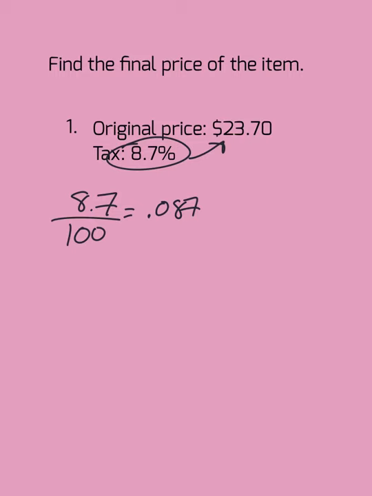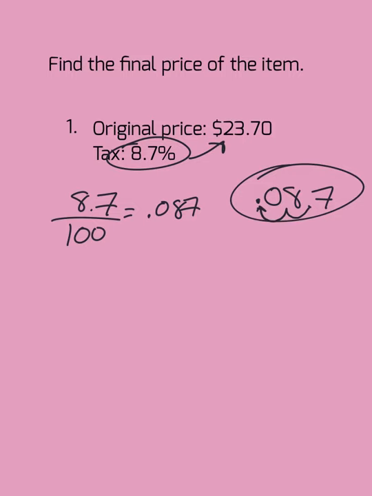That is the same thing as taking your percentage and moving the decimal twice. So you would move it twice to the left, 1, 2, put your decimal there, and fill in that 0. This is the typical way I do it instead of thinking about dividing by 100, but either way works.